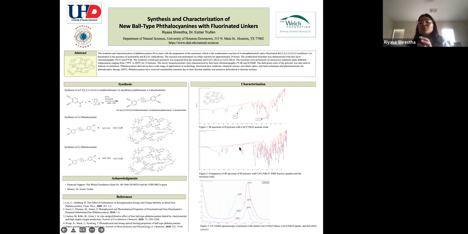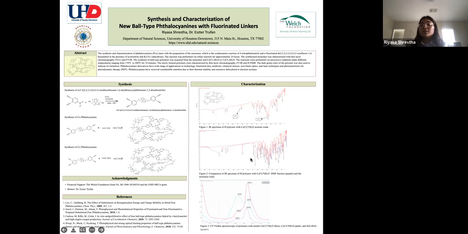This sample is the most pure sample I've ever gotten because the 2235 peak for the ball-type phthalocyanine is not very intense. Eventually, as I purify it more, I don't want to see that peak at all. The other peaks we want to see in the IR are these peaks that emerge over here.